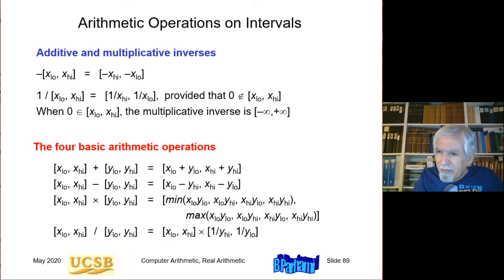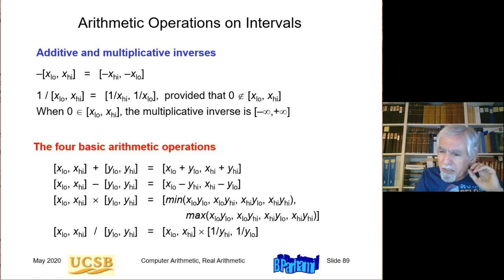Okay, so suppose this is the end of your calculation and you want to output this result: you take the midpoint of this interval, round it if needed, and then half of the width of that interval will be your error bound. So you not only have a final result, but you have a bound on the error that helps you evaluate the accuracy of your result.